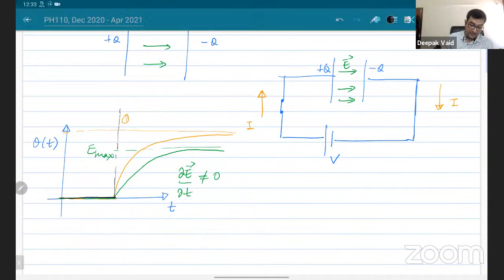So the current starts at some maximum value, and then it starts decreasing. As the plates charge up more and more, the current slowly decreases until it goes to 0.